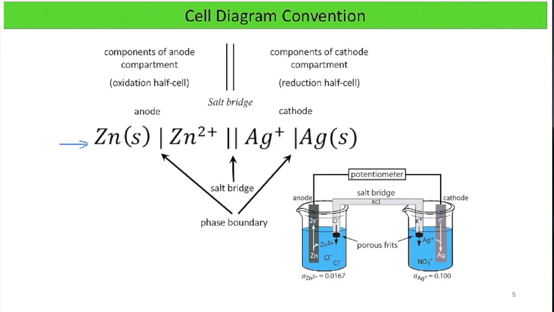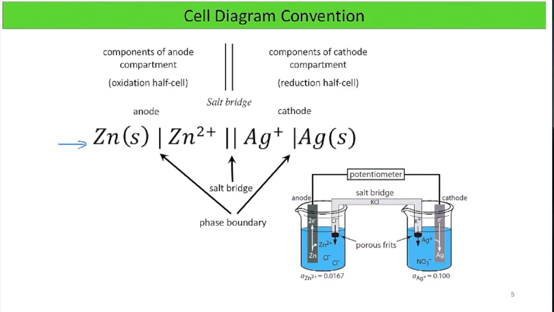So the cell diagram tells you everything you need to know about how this electrochemical cell is set up. We have components of the anode on the left-hand side of the cell diagram, components of the cathode on the right-hand side of the diagram, and then these two double lines represent the salt bridge, which is connecting both the anode and the cathode together.